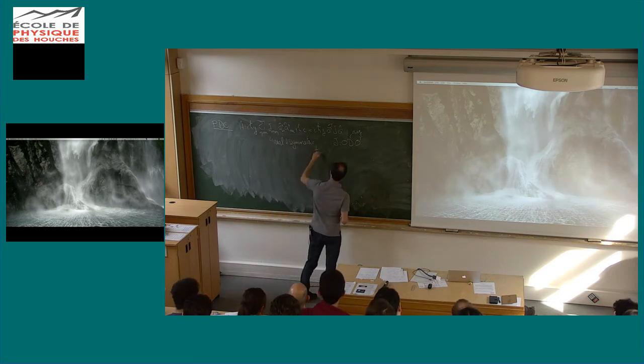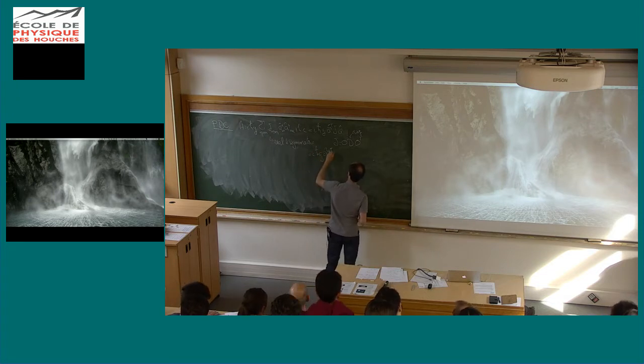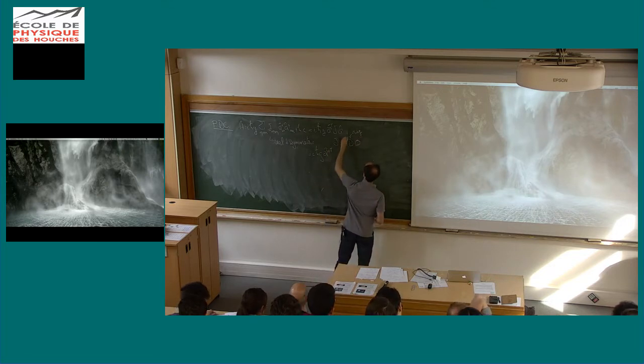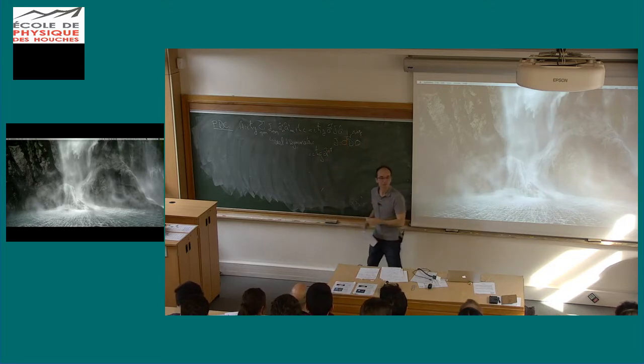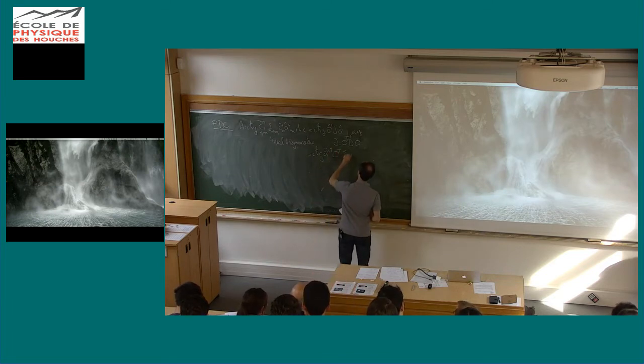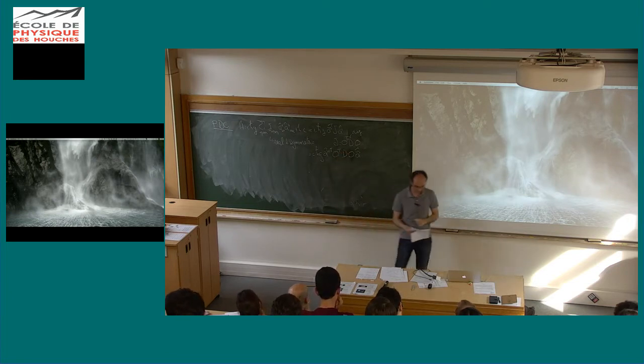This is i h bar J, A dagger transpose, and then I have O transpose J O and A. It doesn't change, but I put the transpose here so that it looks a bit better. And here I've got B. I will manage. Okay, now this is it.